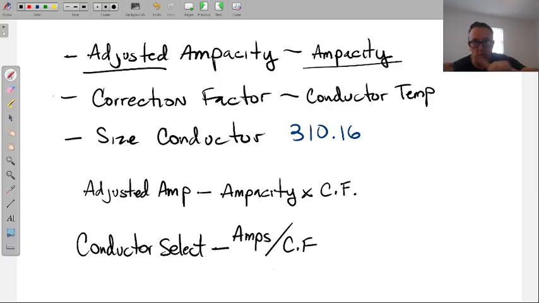Now the tables for those, that's the first set of notes that I gave us, the tables. So we have the table for the correction factor, which again is 310.15(B)(1), which I'm going to go ahead to now. I'll have a page in a second.